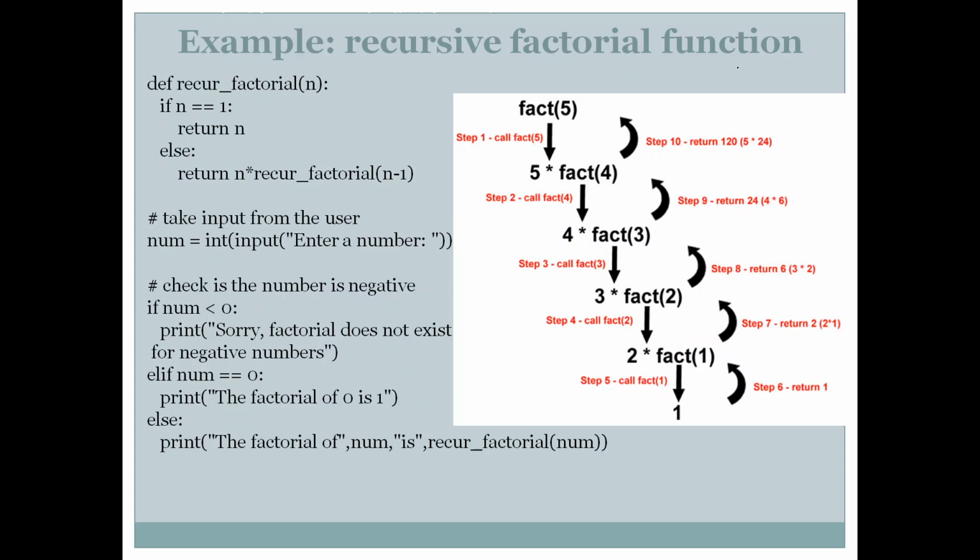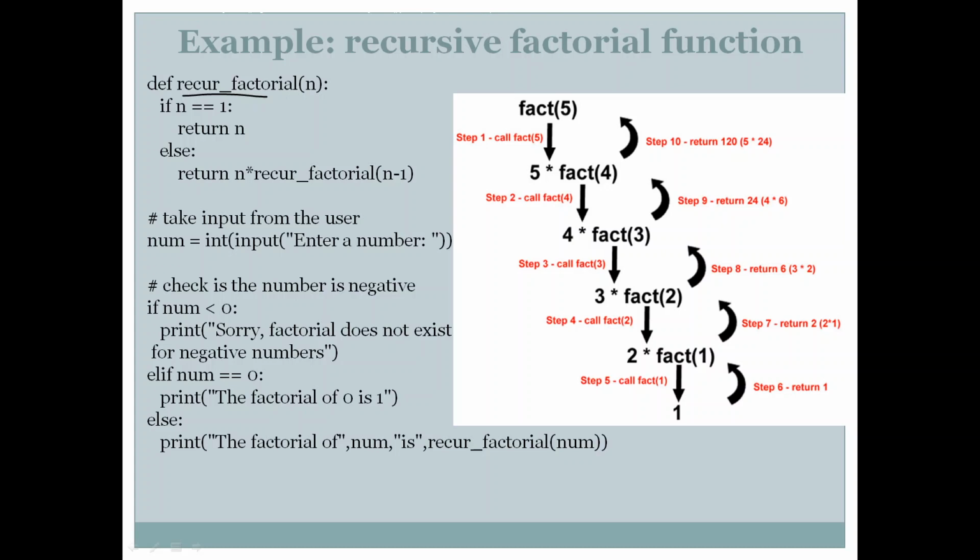So look at the program here. We have a function definition, recur factorial, which has some statements. I'll come back to this factorial function. Before that we will go through the other part of the code.